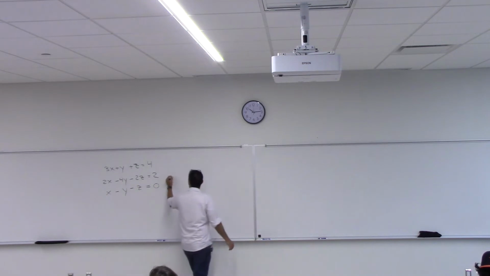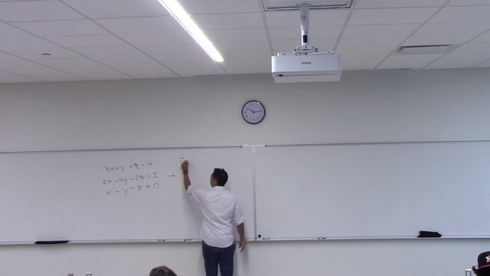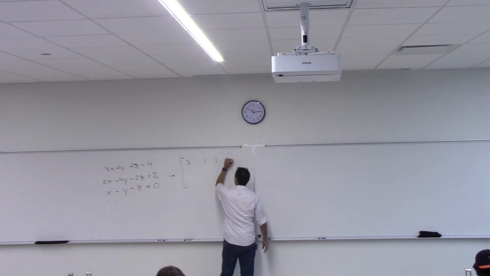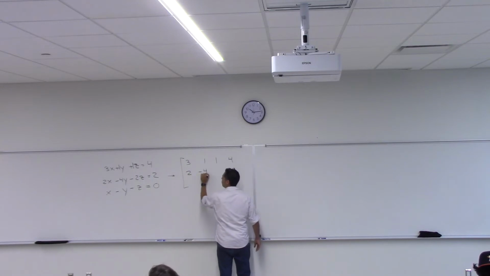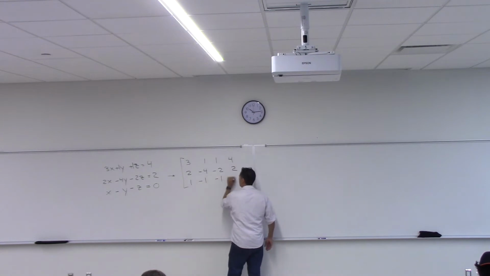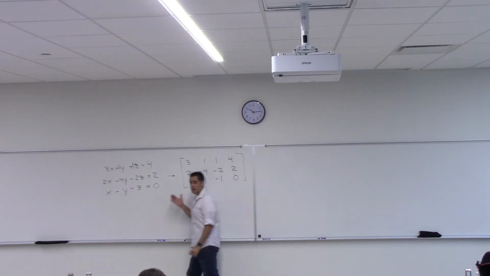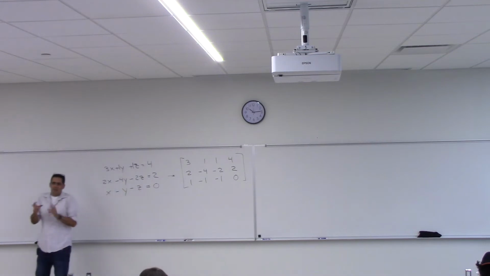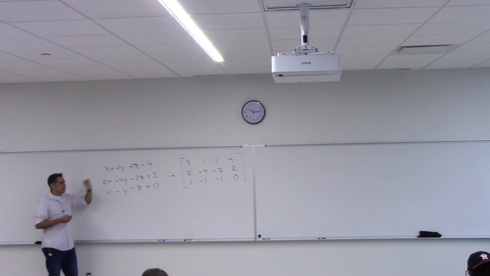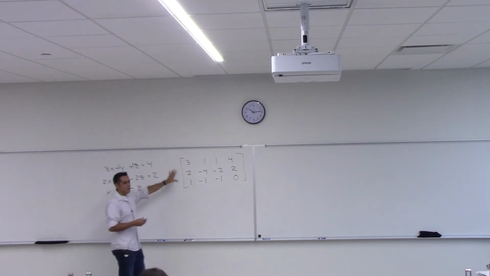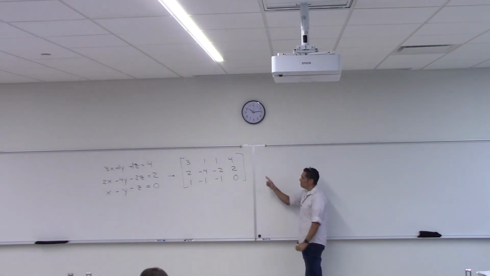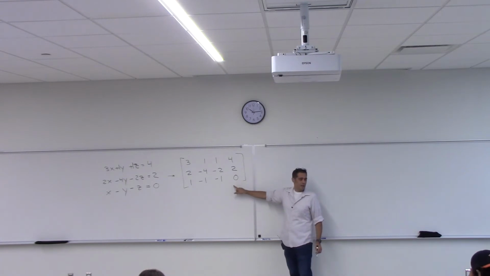So I create this thing called an augmented matrix, which is the numbers 3, 1, 1, and then positive 4, and then 2, negative 4, negative 2, 2, and then 1, negative 1, negative 1, 0. This is called an augmented matrix. And all it does is make our life easier because we have fewer letters in there, right? We can use our elimination method just using these coefficients. But our calculator will do that for us. And so what we need to do is put this matrix into our calculator at this point.